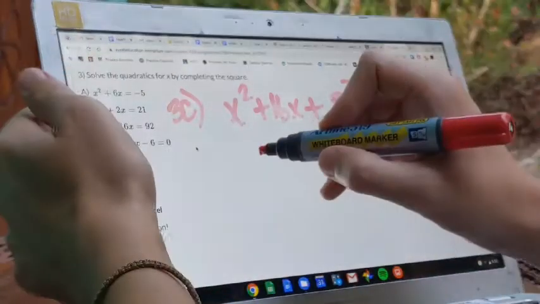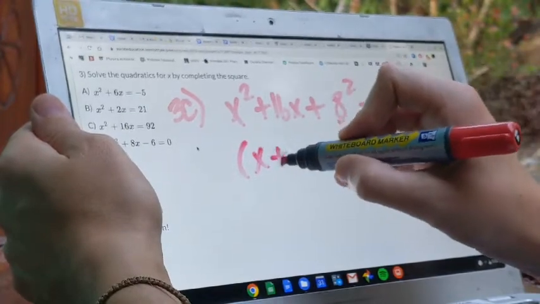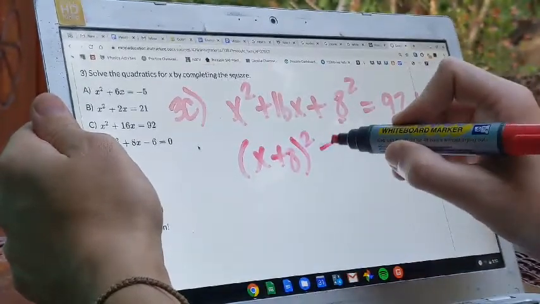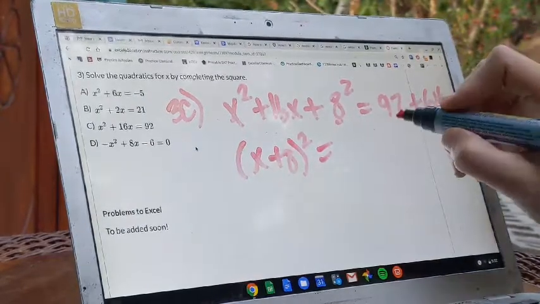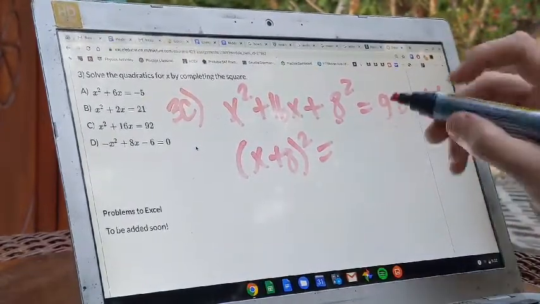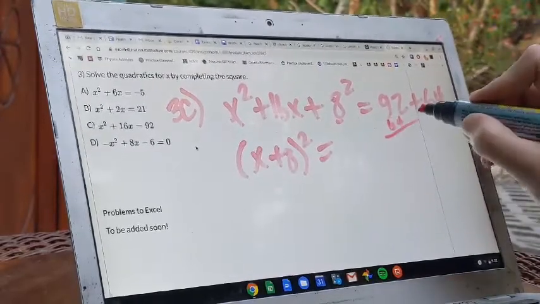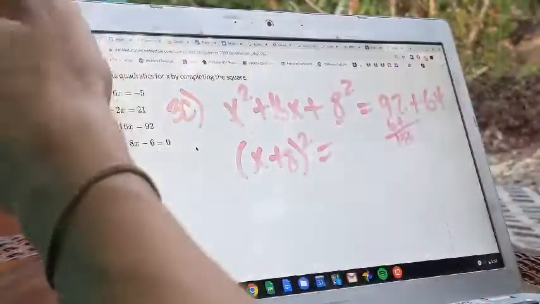All right, so we already know what the perfect square is going to be. This number gives it away. x plus 8 squared equals, what's 92 and 64? Let's double check this. 64, this gives us 156.